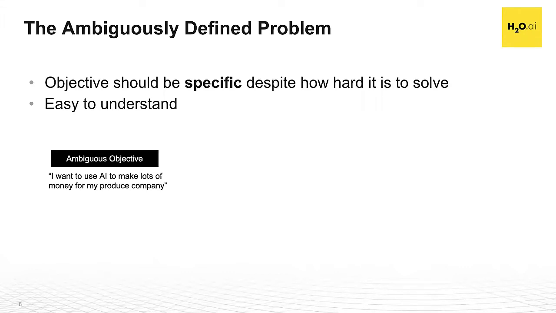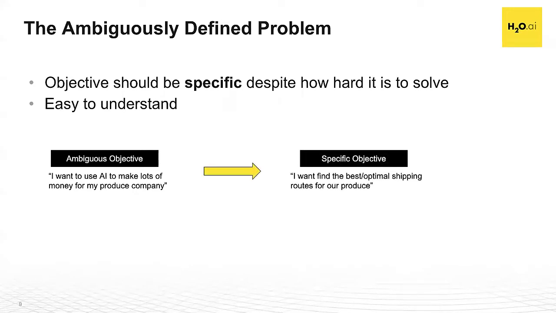Here, I just want to give you an example of an ambiguous objective. Say you just found out about AI. I want to use AI to make lots of money for my produce company. In order to turn that into something more specific, you want to look at things like a specific task or a piece of information that is related to your business, and that could help you either make or save money.